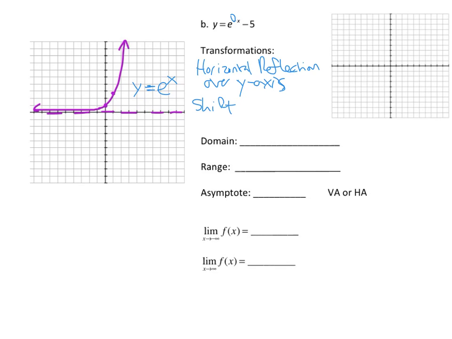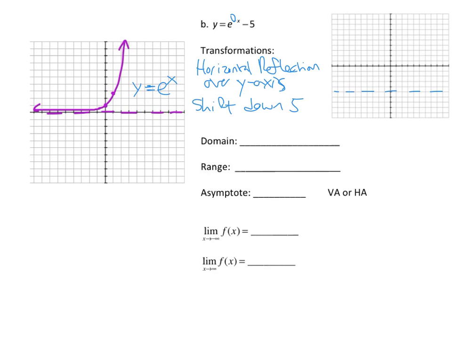It's a vertical shift. Okay, in this one, the horizontal asymptote is going to move down 5 since we are shifting down 5. So I like to move my asymptote first. And then I'm going to reflect this graph horizontally.